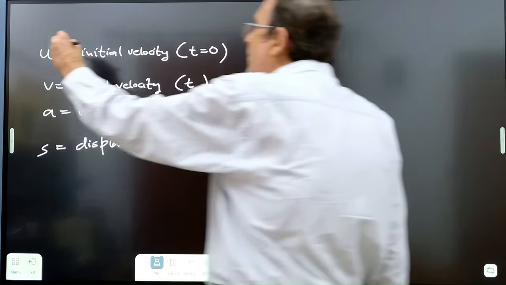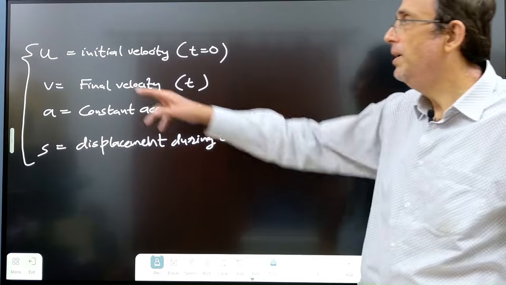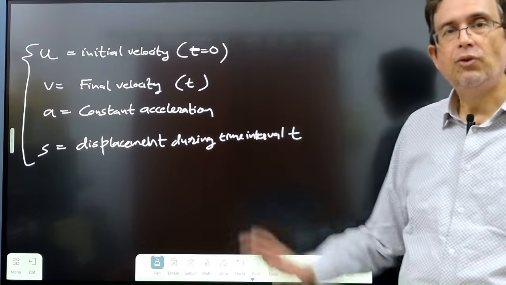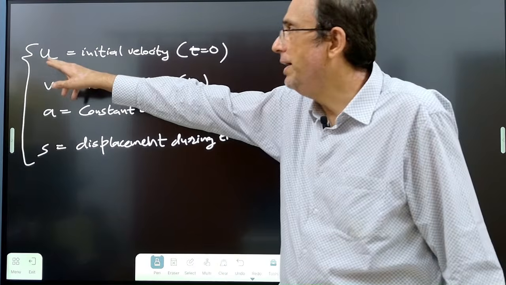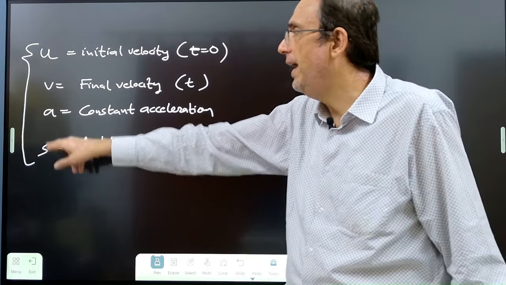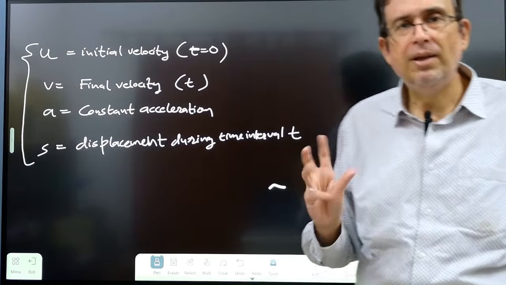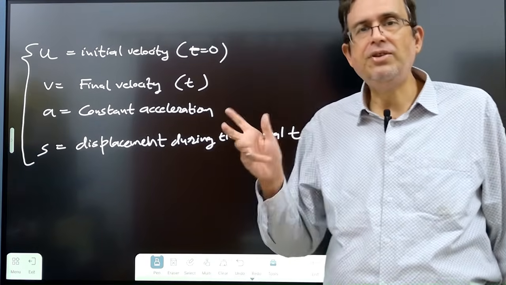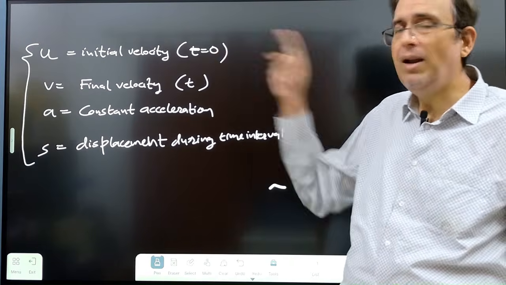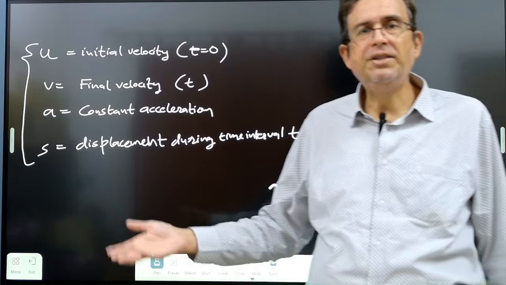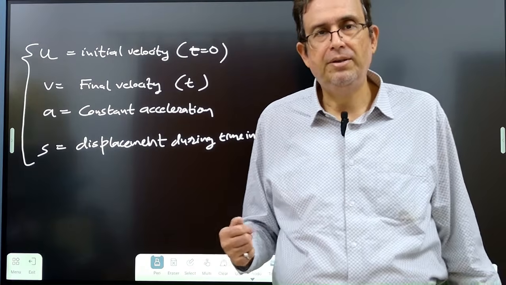So these are the four basic variables. All of them depend upon time, so time is another variable. In total there are five variables including time: u, v, a, s and the time t. You have a set of four equations which relate these five parameters. One of the parameters is unknown and dependent upon the rest, and you can calculate the unknown from the known parameters.